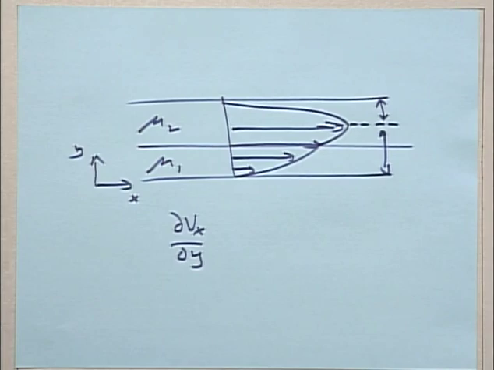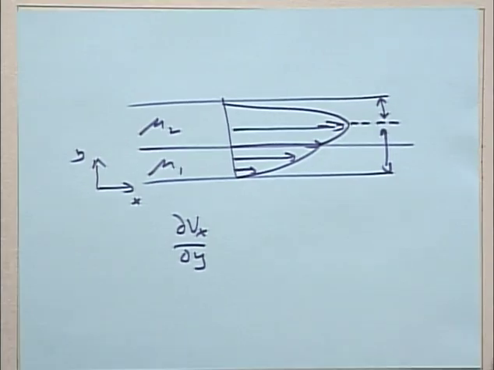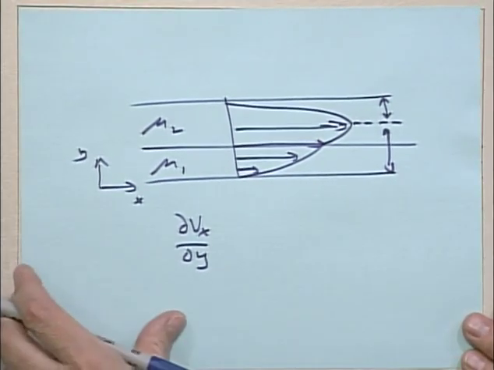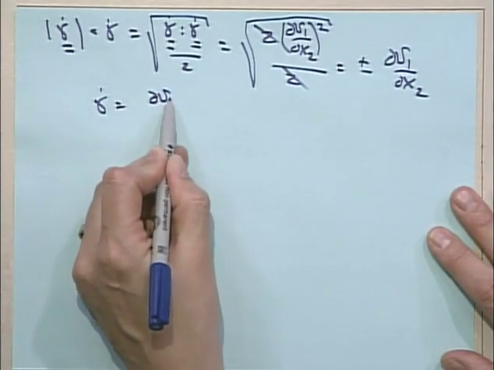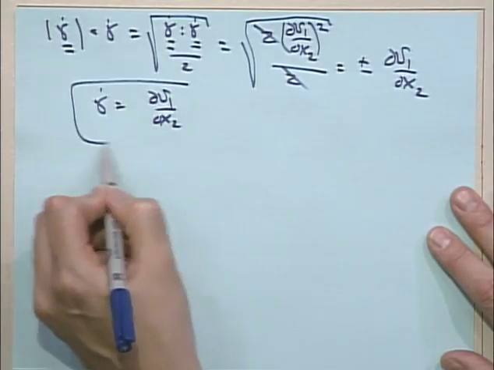It's a little bit ugly, and there's an example in the book of that. But it's logical. It just gets a little messy, but the logic is exactly the same as what we're doing now. So this time, gamma dot is positive dv1 dx2.